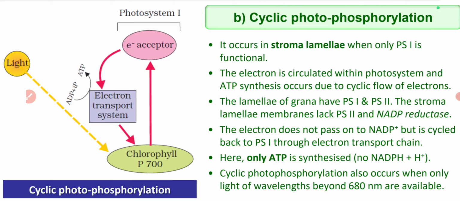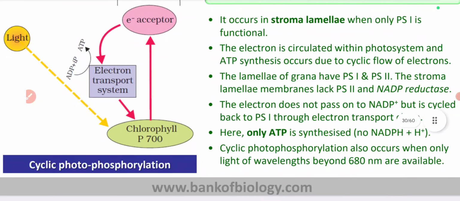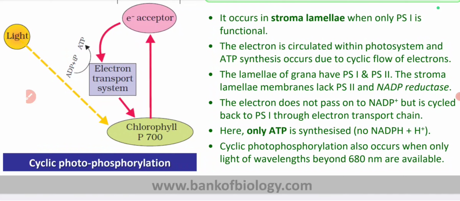The electron does not pass on to the NADP plus but is cycled back to PS1 through the electron transport chain. Here only ATP is synthesized, no NADPH or H plus. As you can see, only ATP is synthesized. Cyclic photophosphorylation also occurs when only light of wavelength beyond 680 nanometer is available.